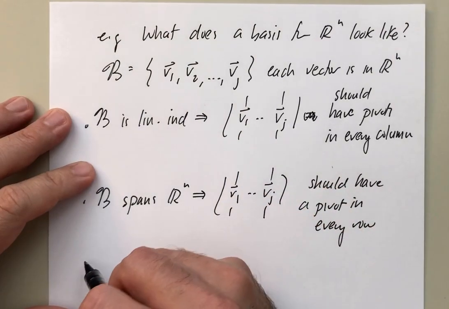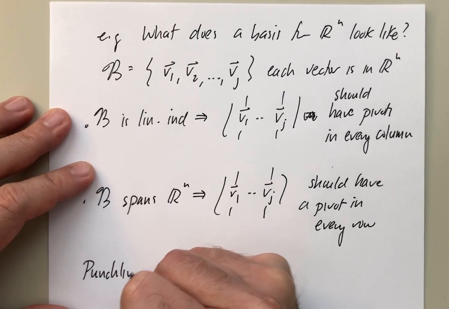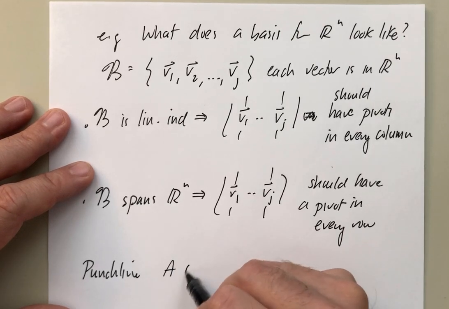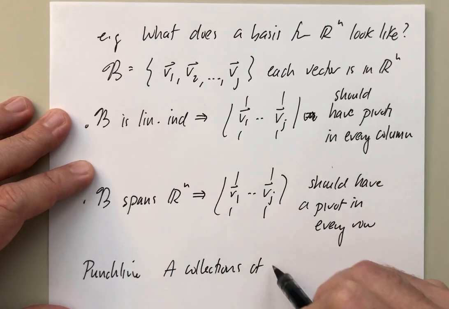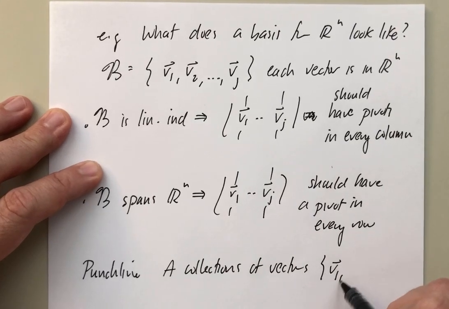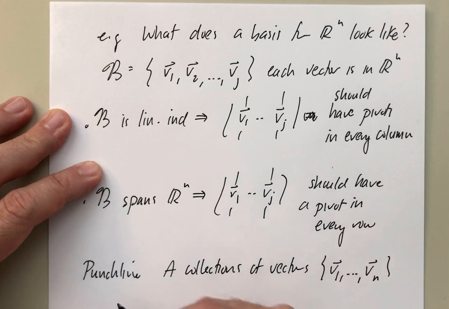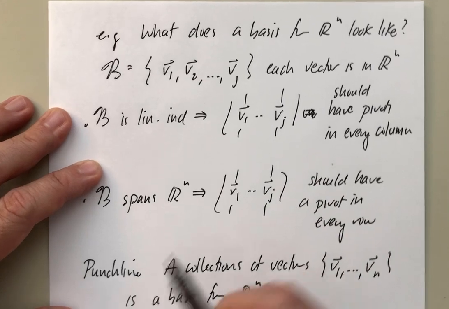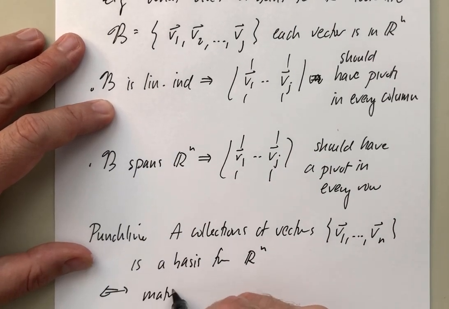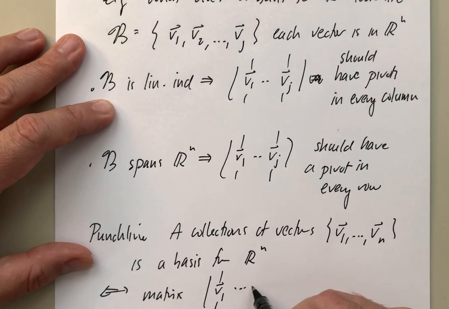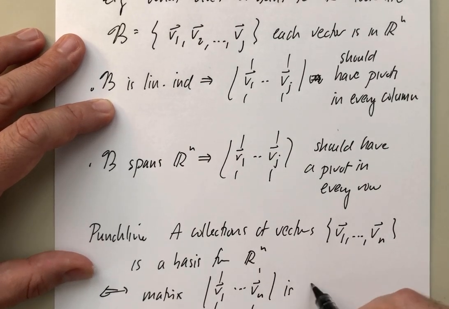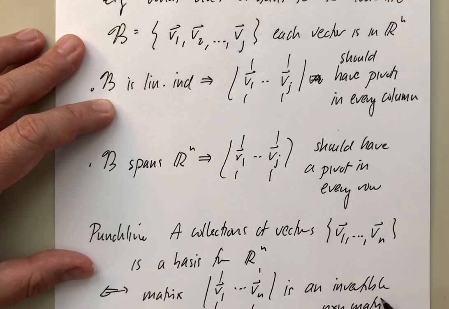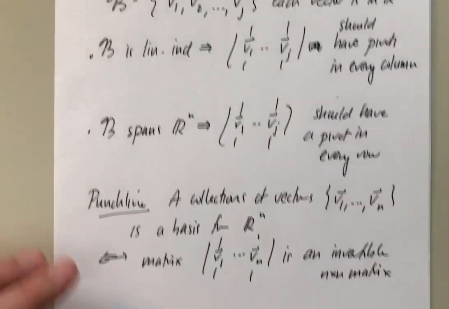In other words, the punchline here is that a collection of vectors, let's say V1 through Vn, is a basis for Rn if and only if the matrix you get by putting these guys as columns is an invertible n by n matrix.